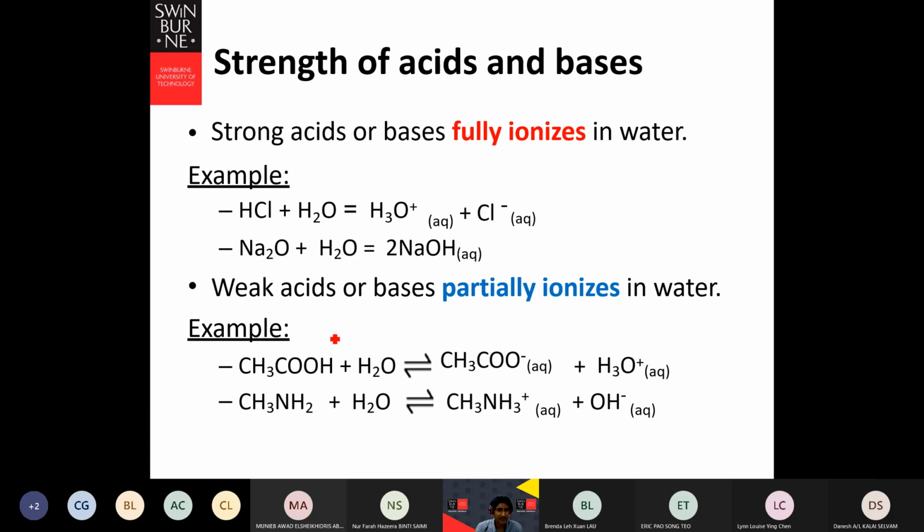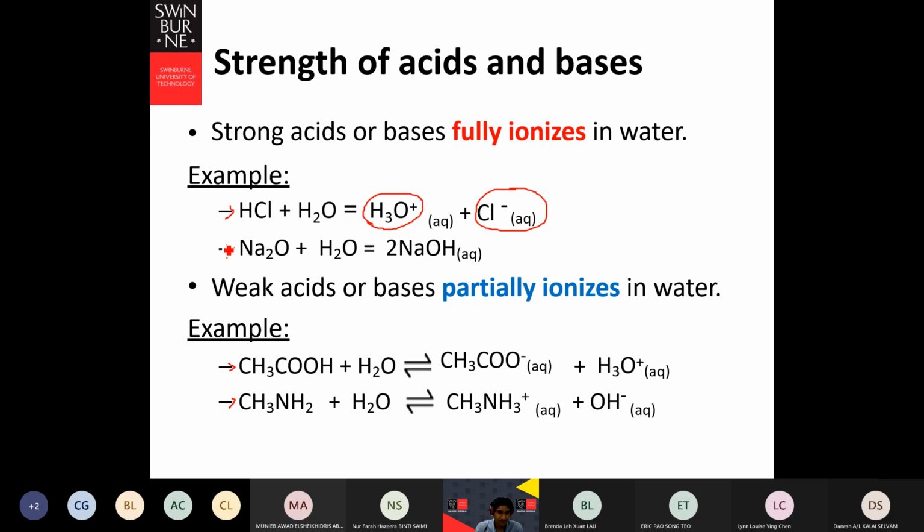Ionizes means HCl, and this arrow just shows that this is one, this is another one. So this HCl, when I add water, it will become like this, 100%, all of it. There will be no HCl together in the water. It will be H3O plus and Cl negatively charged.